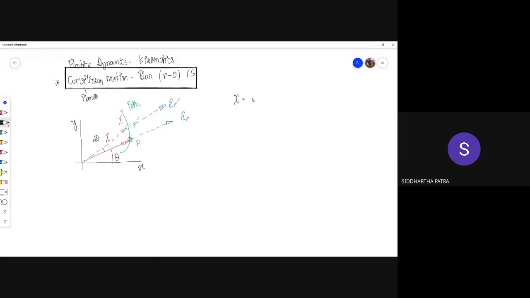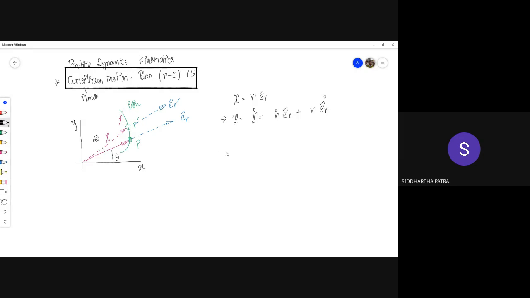If you recall, in the normal and tangent coordinate system, the velocity could be given by only one unit vector. Here the position is given by only one unit vector, that is r times er, and the velocity v would be the time derivative of r, which has two parts: r dot er, and r er dot. Now we'll come to this part.